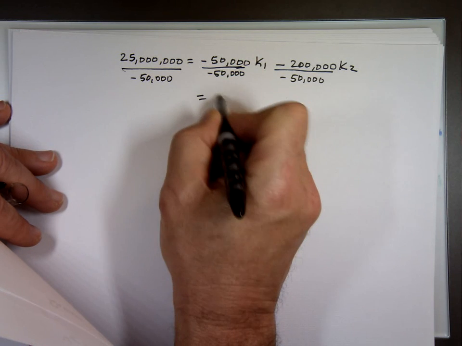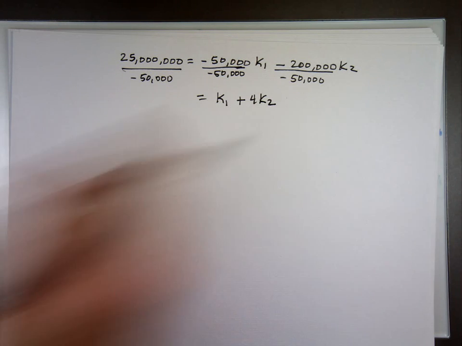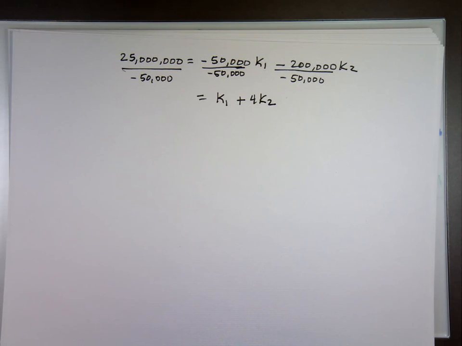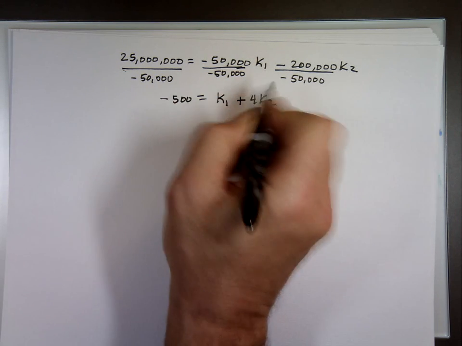K1 plus 4K2 equals 25 million divided by 50,000, which is negative 500. Yep. That's my second equation.